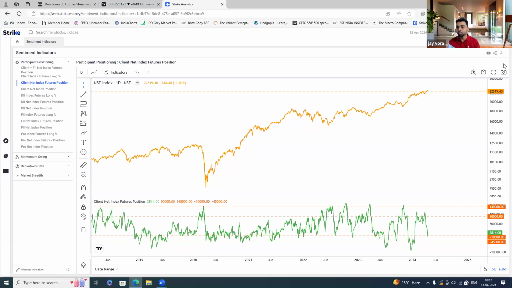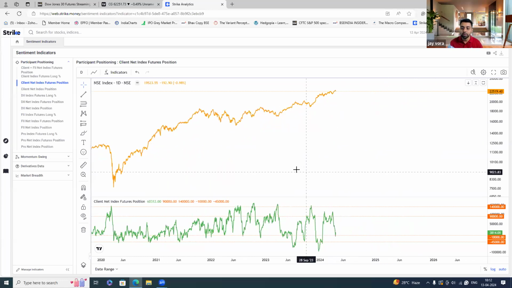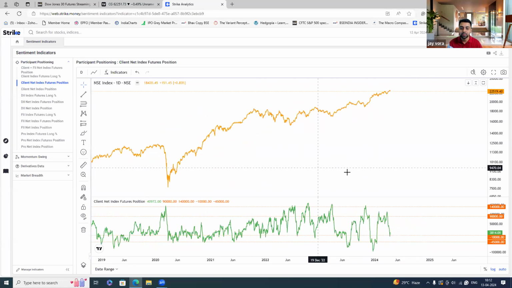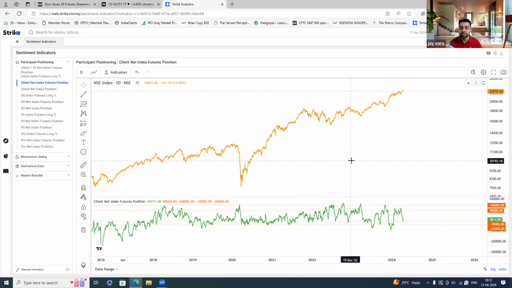When they reach that point, you can say that a bottom has occurred, or that the market could be near its bottom. Keeping that in context, let us see how clients have behaved in the past.